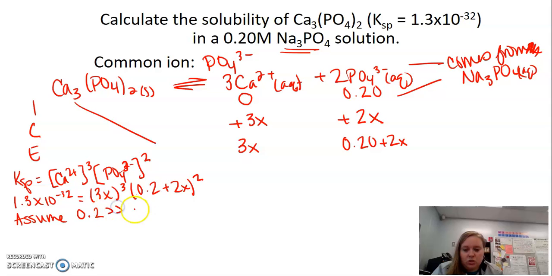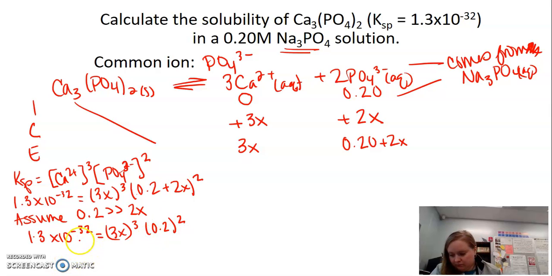So we're assuming that this is much larger than 2x, so 1.3 times 10 to the negative 32 is equal to 3x cubed times 0.2 squared. And if you do that math, you end up getting that x is equal to 2.3 times 10 to the negative 11, and that's going to be moles per liter.